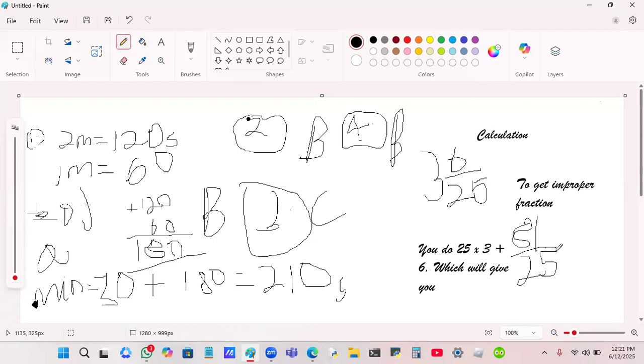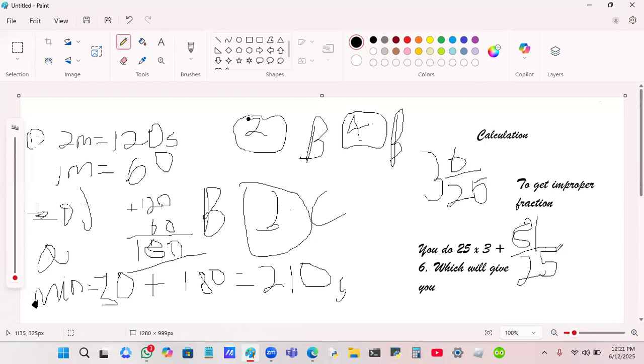Then you are now saying, find the square root of 3, 6 over 25, which equals the square root of 81 over 25. Then you break them into halves: the square root of 81 over the square root of 25.